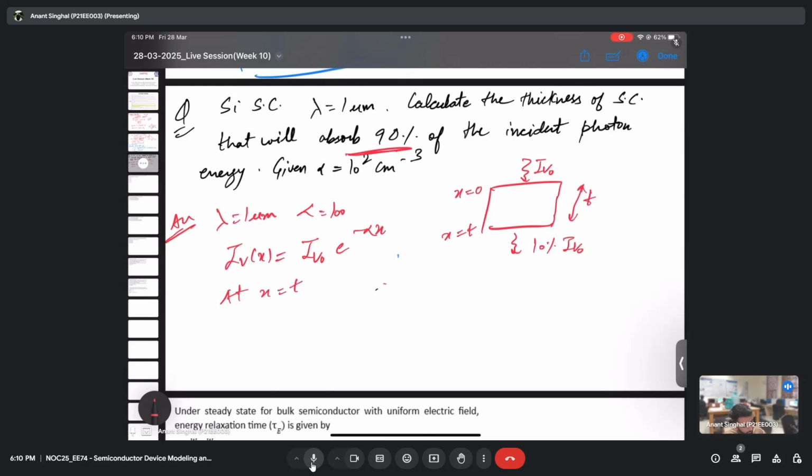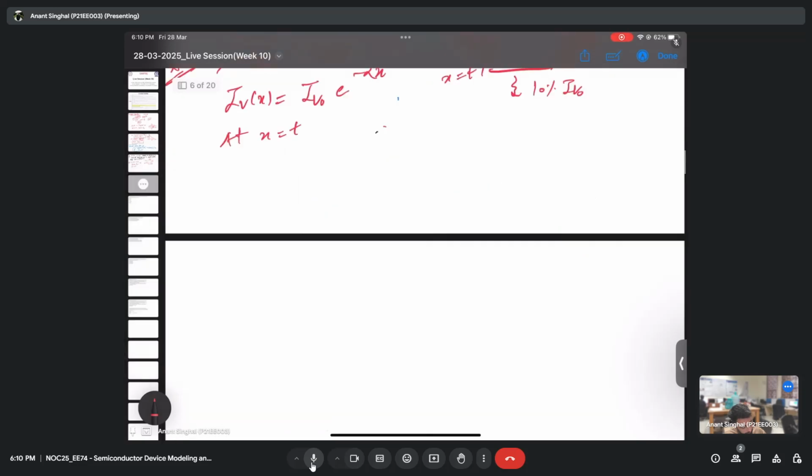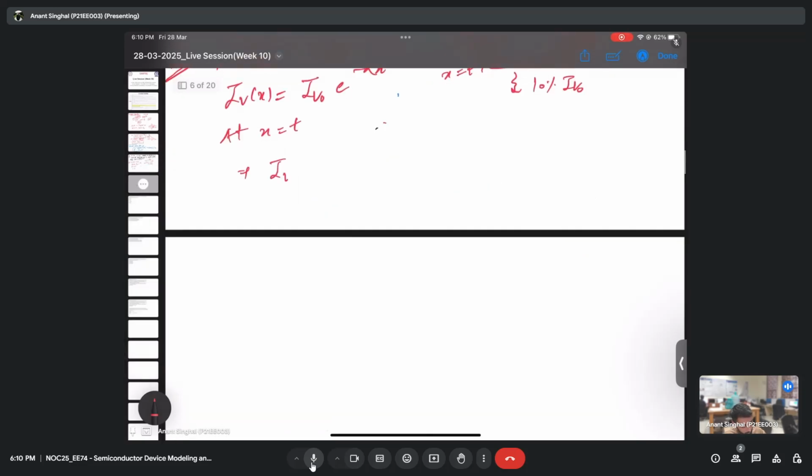So what will happen at x equals t? I_ν(t) is 10% of I_ν0. This is the thickness that we need to calculate. So I_ν at t is nothing but 0.1 of I_ν0, which is I_ν0 exponential of minus alpha t, because we are calculating at t.